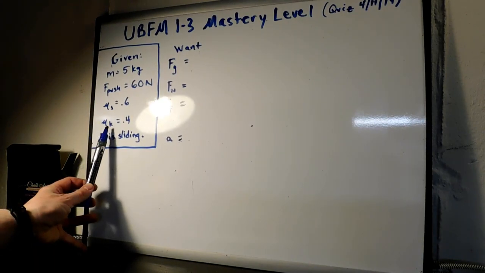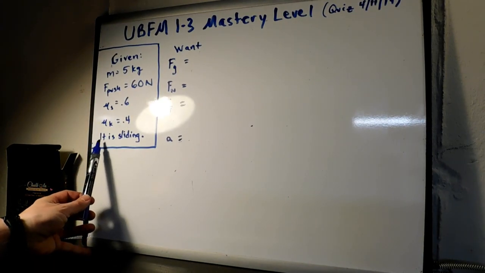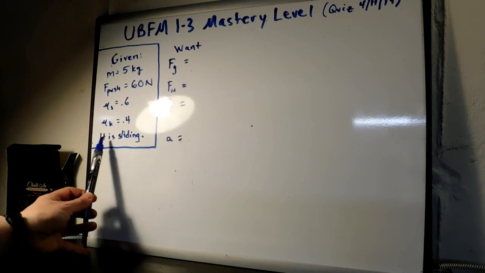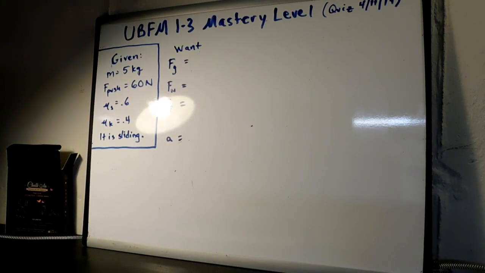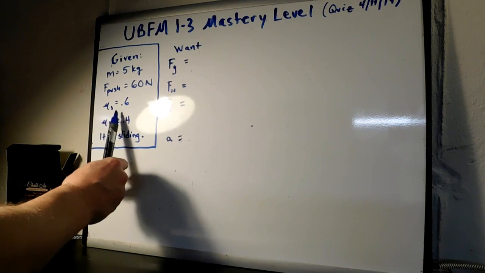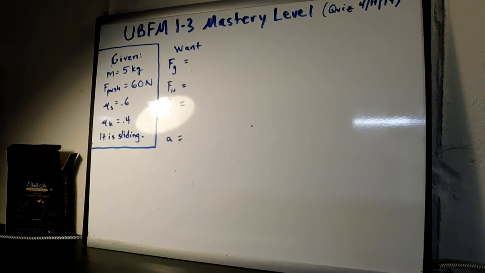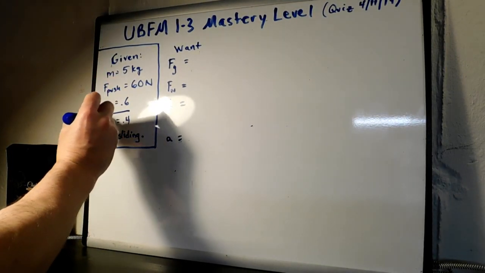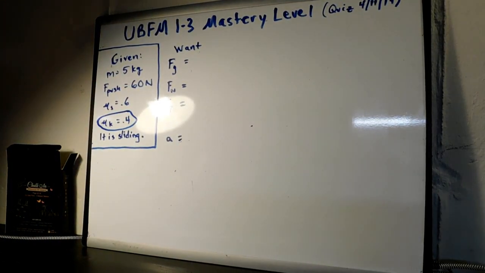The coefficient of kinetic friction is 0.4, and we're given that it is sliding. That is crucial information because it helps us pick which coefficient of friction to use. Because kinetic means moving, this is the one we want. Part of this problem was to see if you could choose the correct coefficient, so because it's sliding, we want 0.4.